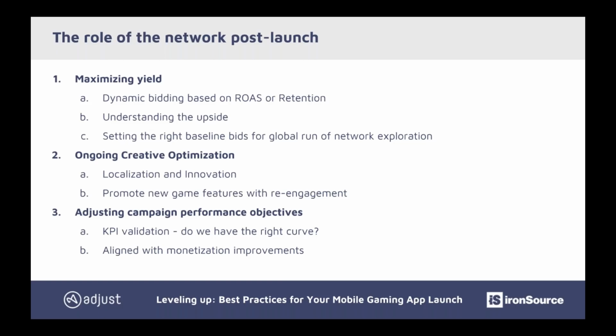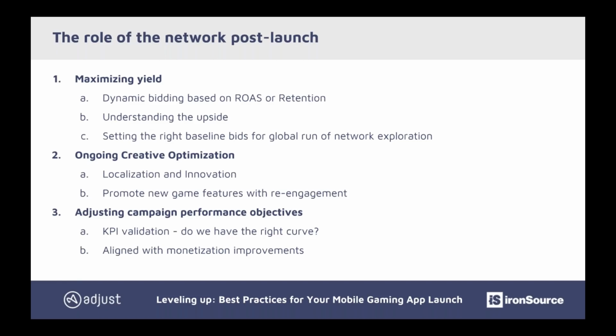Outside of those pockets where you have the right sample sizes to make the right decisions, you want to set the right bid for the rest of the network, the long-tail network exploration, other smaller countries, smaller publishers. You want to set the right baseline bid, and that's the bid that is going to secure some scale from those channels to the level that you feel confident with the KPIs.